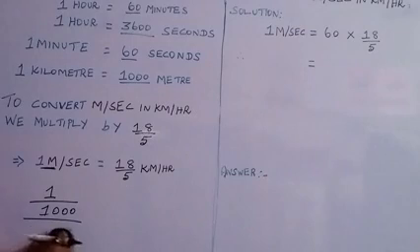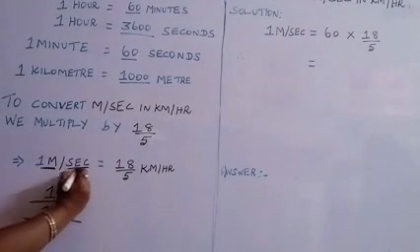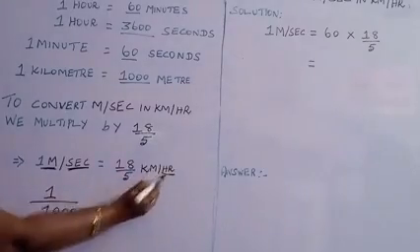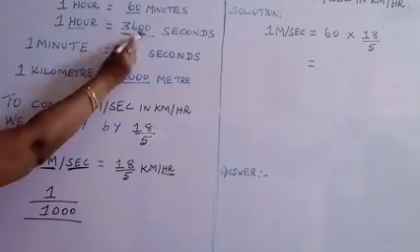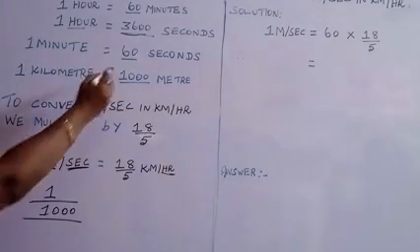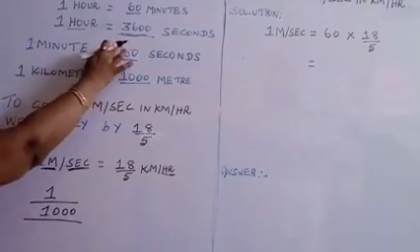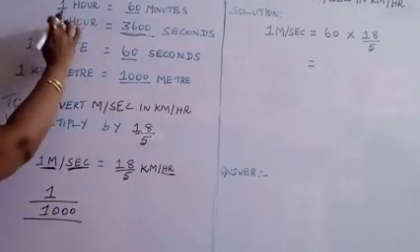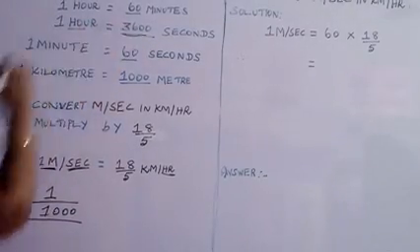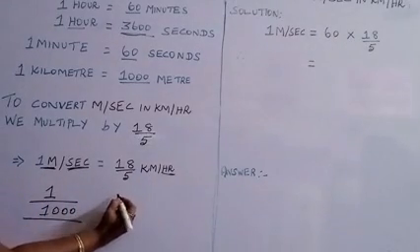You need not write this. Listen, this is seconds, and we convert into hour. So 1 hour is equal to 3,600 seconds. That means we need seconds, so this side, what comes? 1 divided by 3,600. That means, children, one more time I explain well.